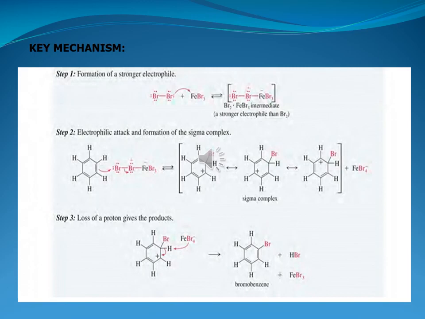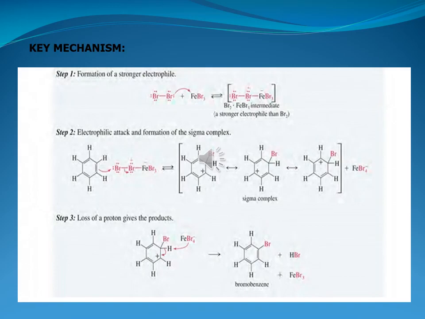As the bromine has now become more electrophilic after activation by the catalyst, electrophilic attack by the benzene occurs at the terminal bromine of the bromine iron tribromide complex. This allows the other bromine atom to leave with the iron tribromide as a good leaving group, as iron tetrabromide.